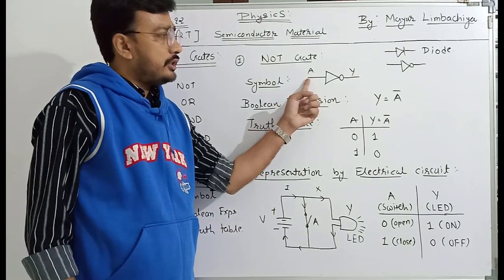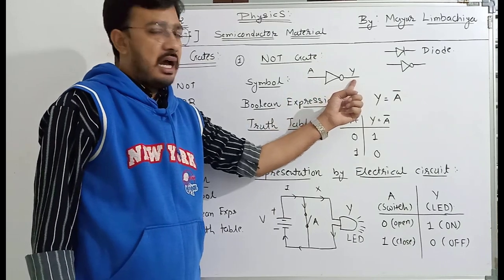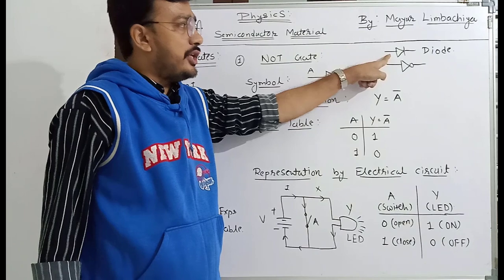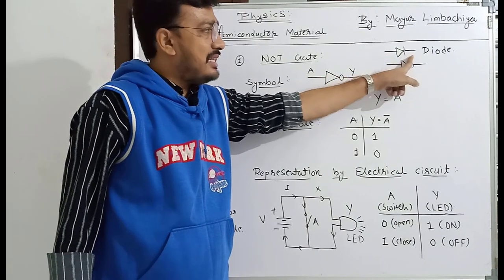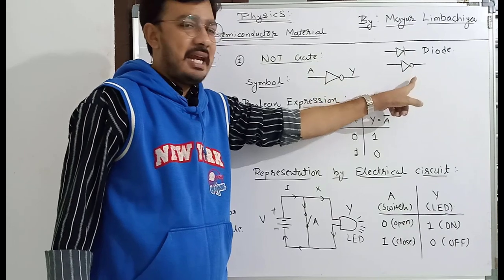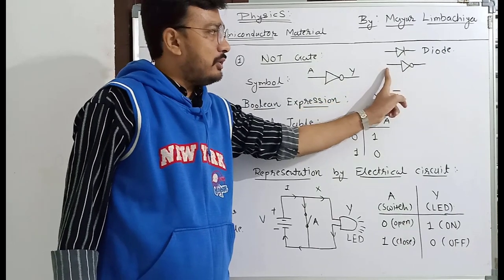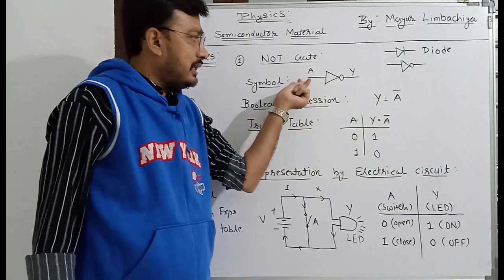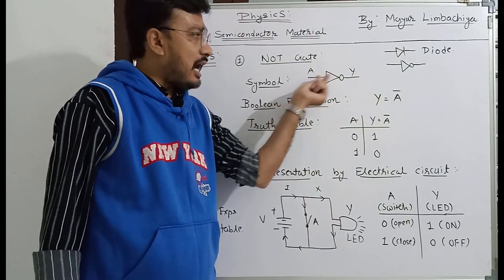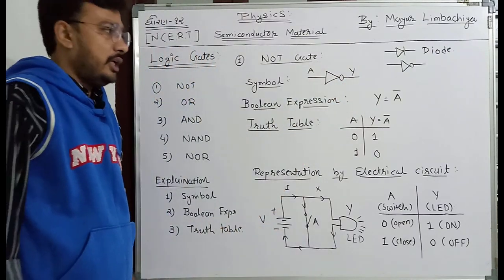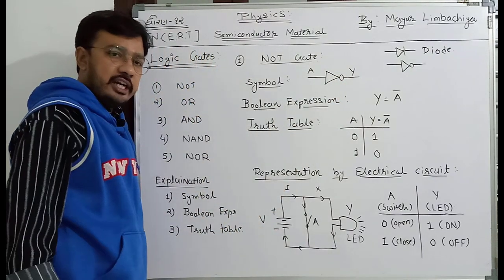This is the input A, this is the output Y. If you are aware of the symbol of a buffer, you just have to replace the vertical bar with a bubble. This bubble indicates that the input will be inverted. So whatever input you apply here, the output will be the inverted input. This is the symbol of the NOT gate.